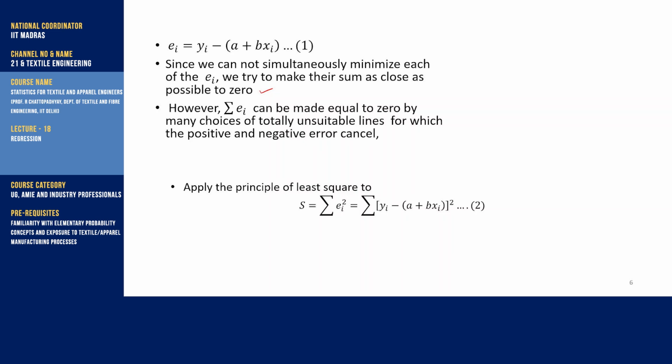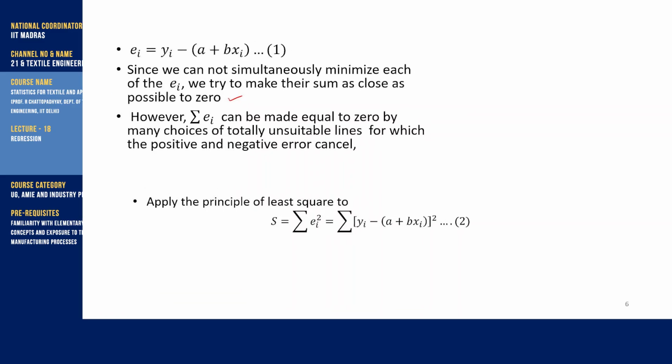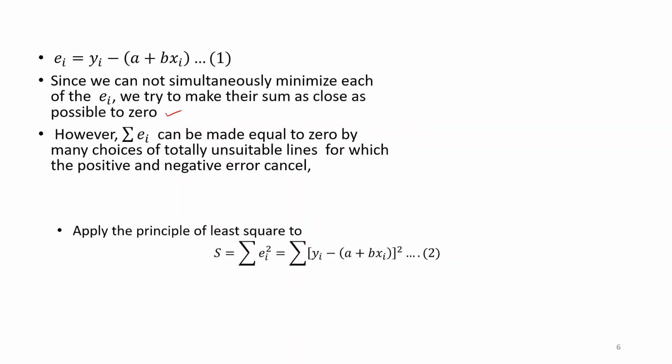We try to make the sum of the ei's as close as possible to 0. However, sigma ei can be made equal to 0 by many choices of totally unsuitable lines, for which the positive and negative errors will cancel each other and you may still get a 0 value.